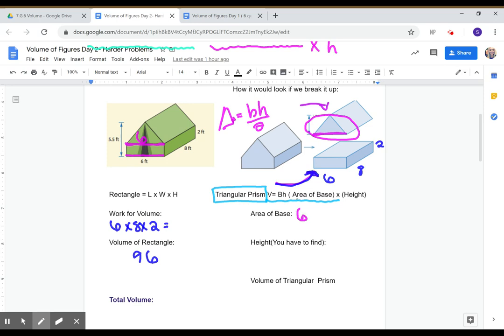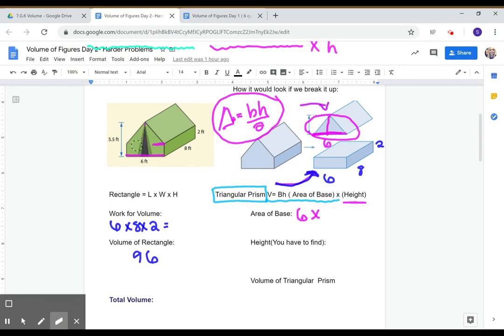Now for the area of the base, we said we're going to do base times height divided by 2. I now need to find the height of the triangle, not the height of the figure, because remember, I'm trying to find the area of the base, and the base was a triangle. We found the base of this triangle was 6. Now I need to find this height, this piece over here.